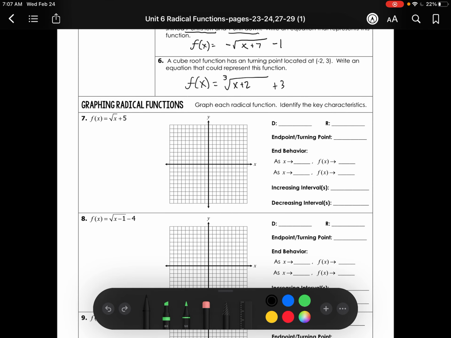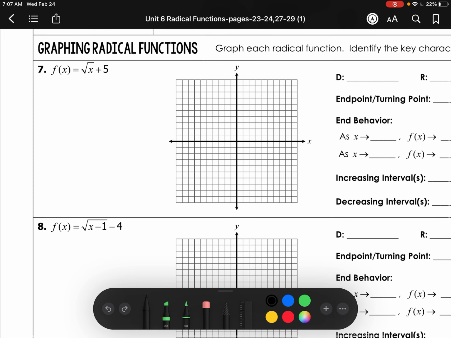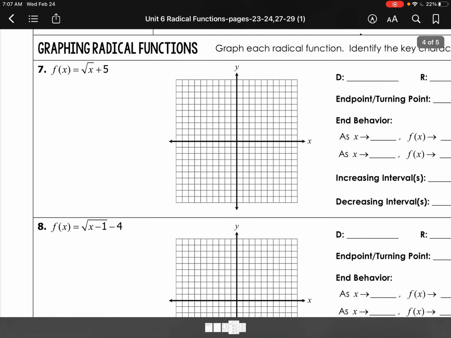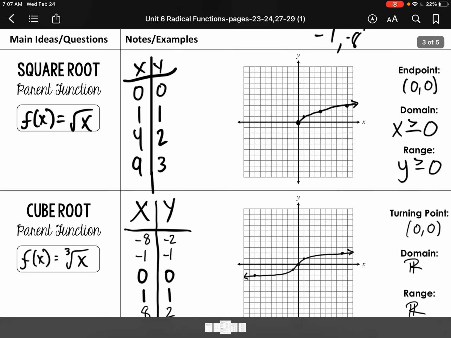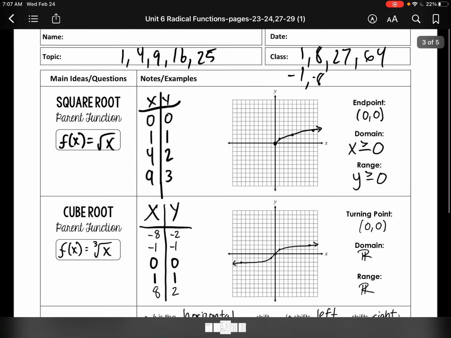Next, it tells us to graph each radical function and identify the key characteristics. So we have the square root of x plus 5. So we already know what the parent function looks like, right? We graphed that earlier. This is what the parent function of a square root function looks like.